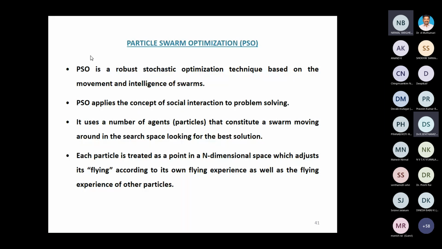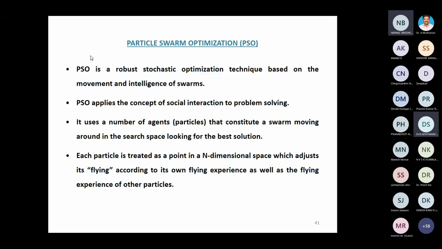It is based on the movement and intelligence of a swarm. That is what I said. Not only are the birds flying, they are also searching for nearby food. That is called intelligence. If, out of 20 birds, any one bird identifies nearby food, immediately all the other 19 birds will turn their heads and move towards the food grains, identify the place, and all will come down to the ground from the sky.